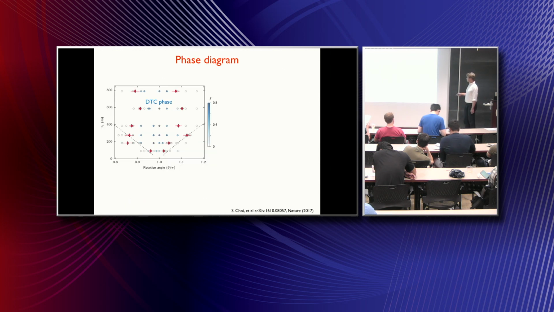And using this mean field picture, you can try to understand the phase diagram. Specifically, if you plot on one axis the rotation angle, where when the rotation angle is pi everything should be perfect, and on the other the period of free time evolution with respect to the interaction Hamiltonian, what you see is that if this free time evolution is very short, then you just do not have enough interaction strength to close these trajectories.